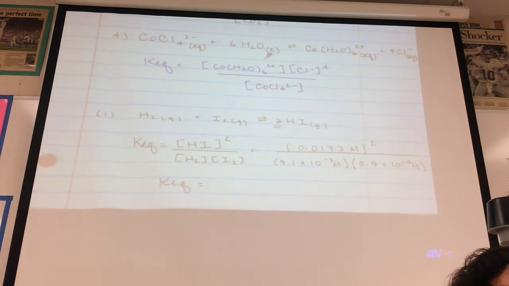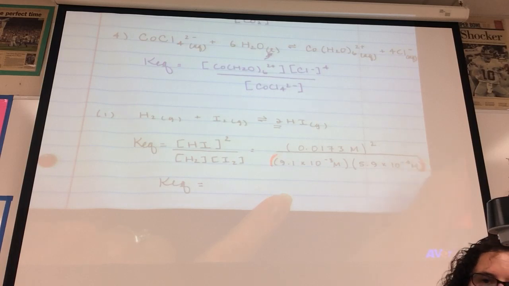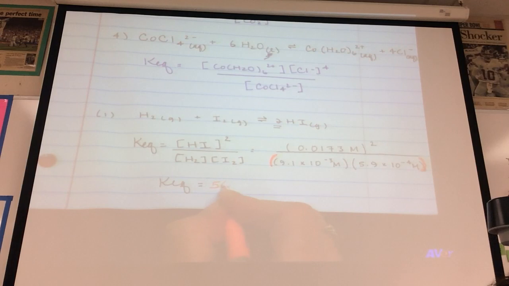In your calculator, the only parentheses you need, unless you have that multi-view, will be the ones in orange. Make sure that you can calculator punch with ease. Don't forget to square the numerator. And KEQ is equal to 56 in 2 sig figs.